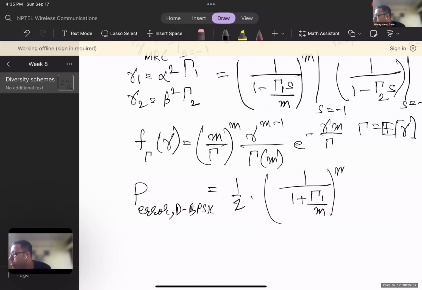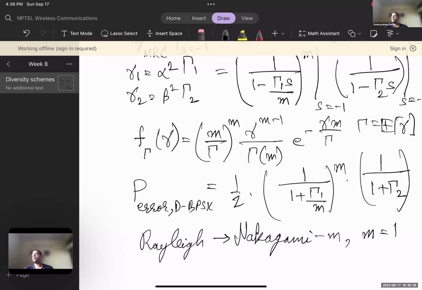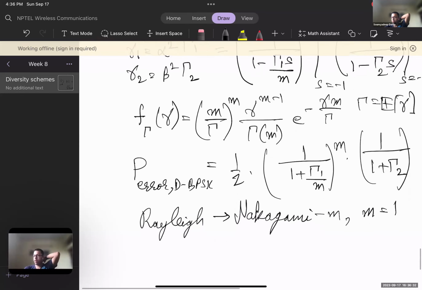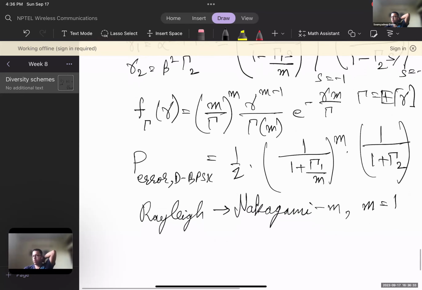Rayleigh is nothing but Nakagami m, where m is equal to 1. You can also see from the formula that if you put m equal to 1, then it's just like Rayleigh. But now let's say we put some other value.